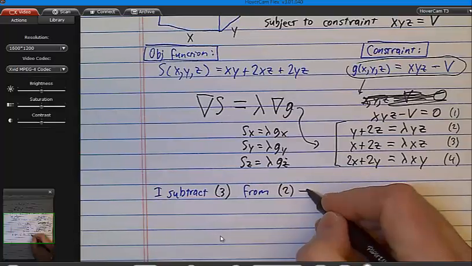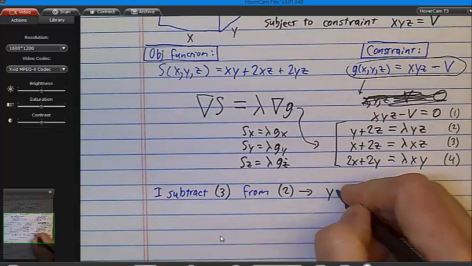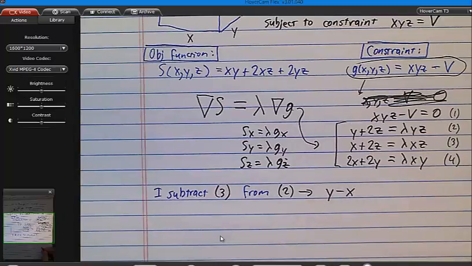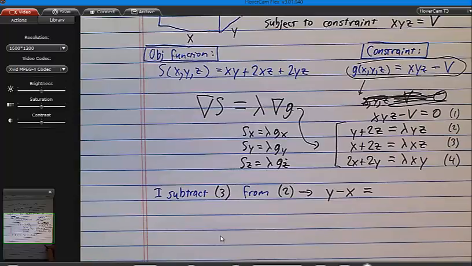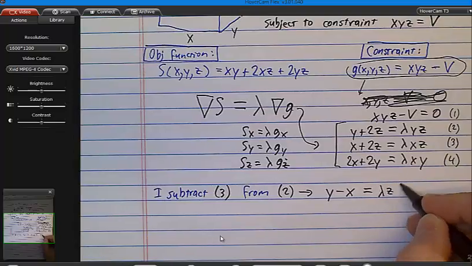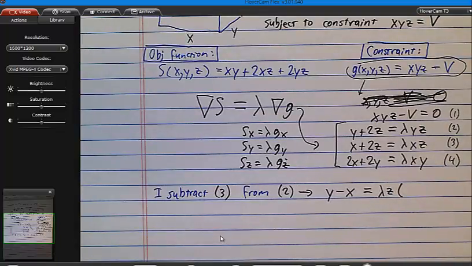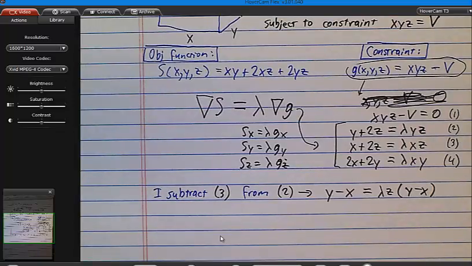And what happens? Well, I guess I get y minus x is equal to, you see what happens if you factor out the lambda z, you get lambda z times what? Y minus x. So that's kind of nice, right?